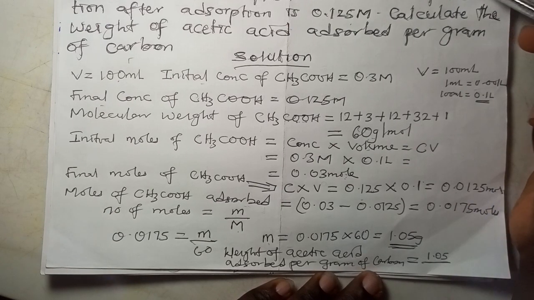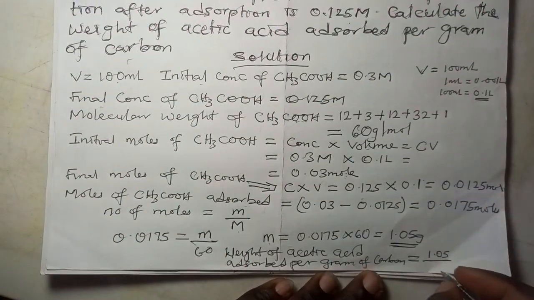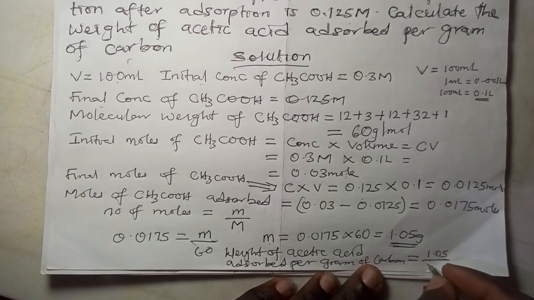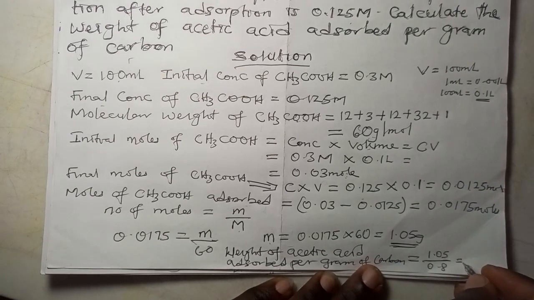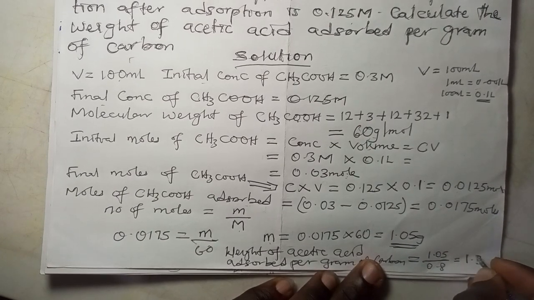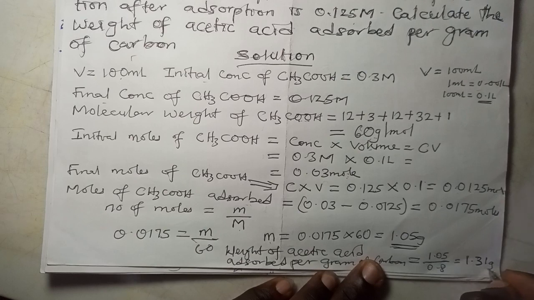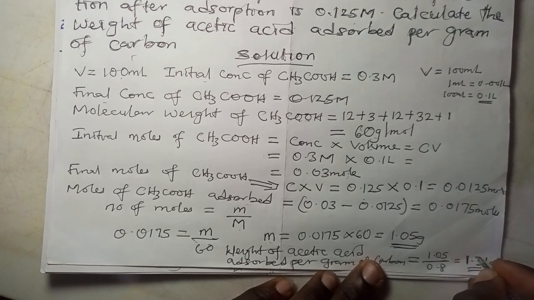So you have 0.8 gram of wood charcoal. The wood charcoal is the carbon. So per gram of carbon, that is divided by 0.8. You shall be having 1.31 gram.